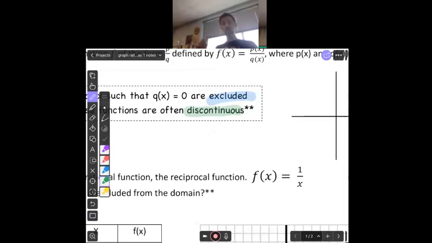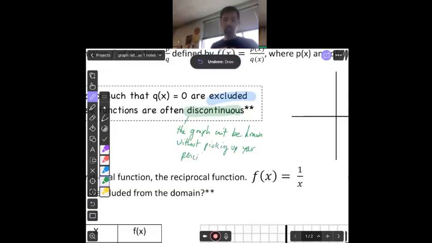You draw one part, you have to pick up your pencil and move it, and then you have to draw the other part. Because that's how you would create the gap, the lack of continuity. Okay? So that's what discontinuous means.